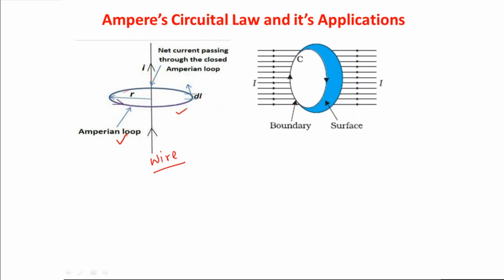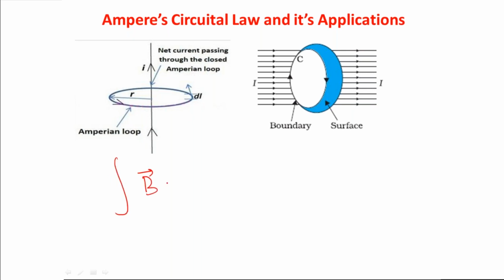And this Amperian loop is perpendicular to the current. If this is a wire passing through this closed loop, the direction of the current is perpendicular to the plane of this loop.